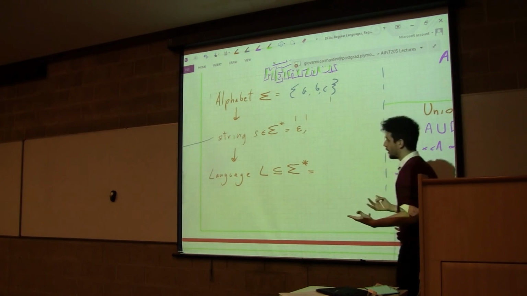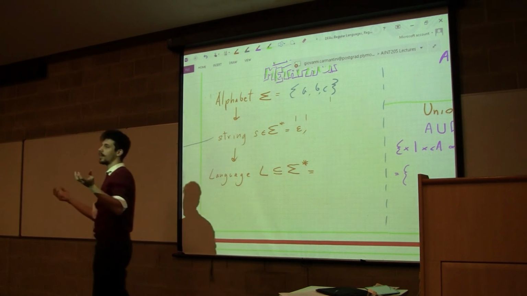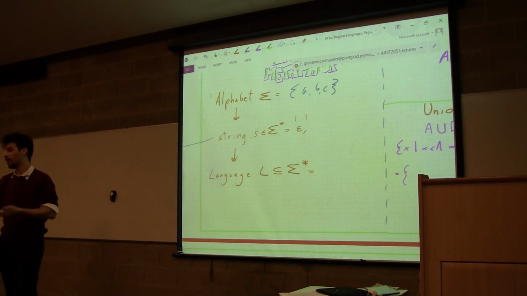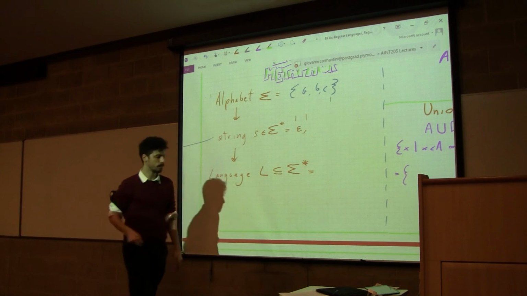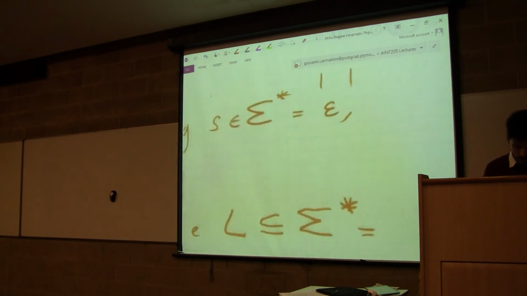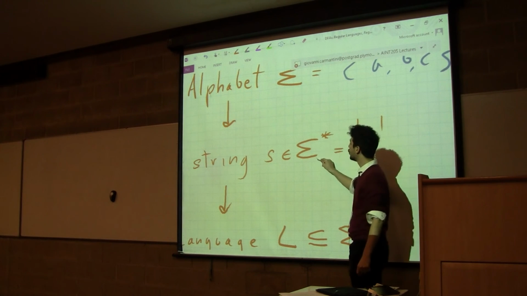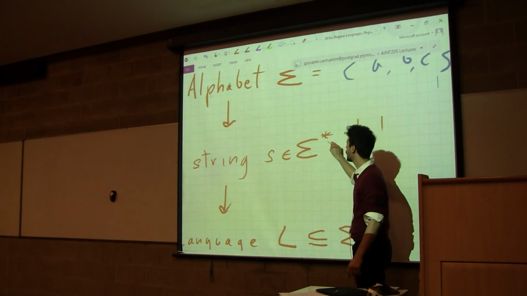Now we define string. What's a string? A string is a collection, a concatenation of symbols, okay? I think it's pretty clear, right? You put a sequence of symbols, that's a string. And what's this weird notation? A string S belongs to Kleene star of the alphabet. We will see this Kleene star later, okay?